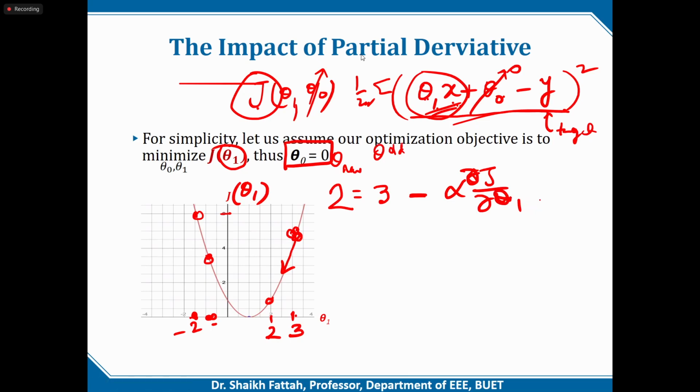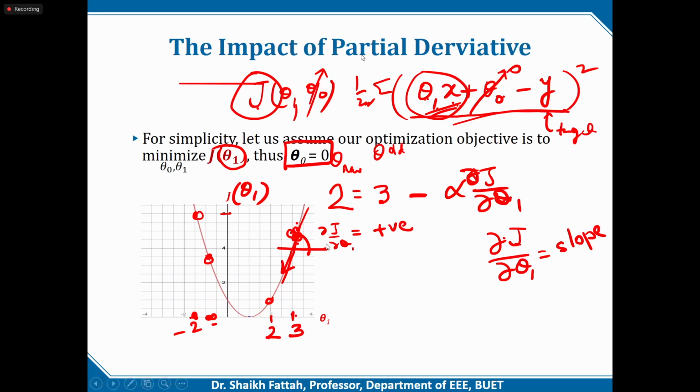Now let's look. What is this? Del J, del theta 1. This del J, del theta 1, this is slope of J curve. You come here and see the slope here at 3. At 3, this is your slope, del J, del theta 1. So this slope is positive.